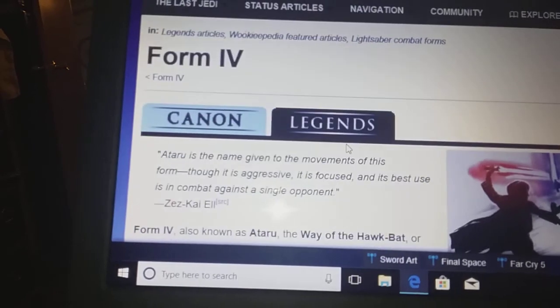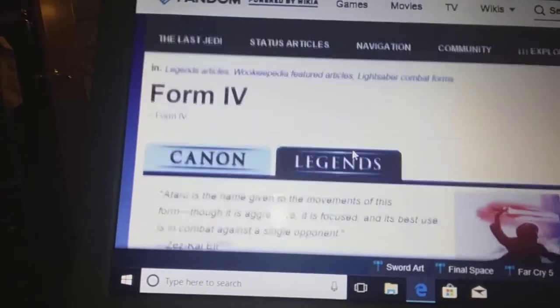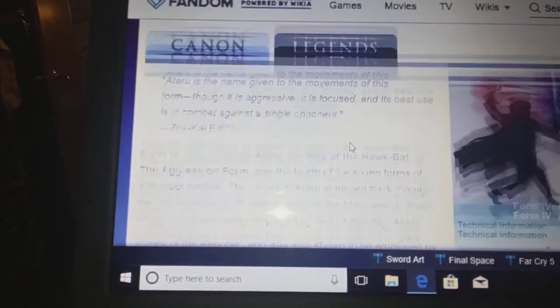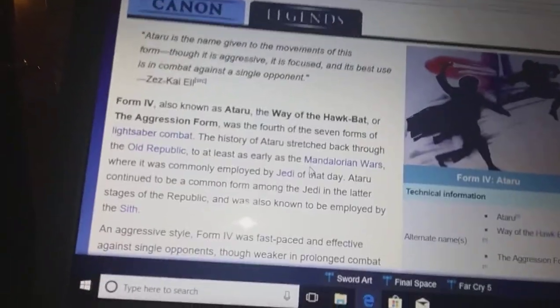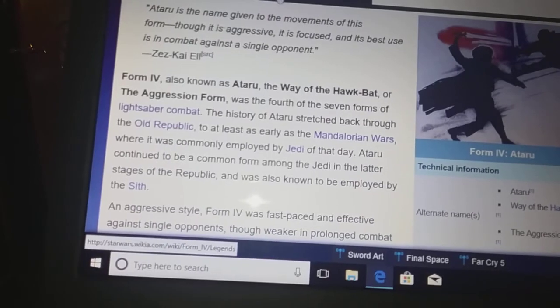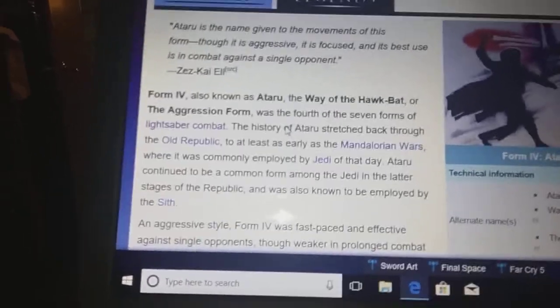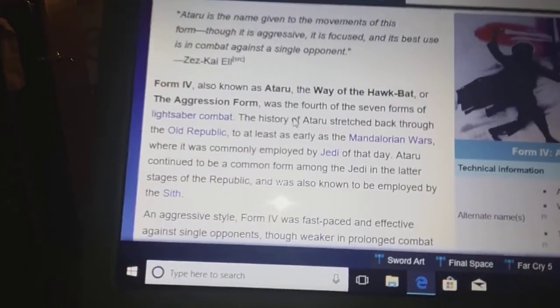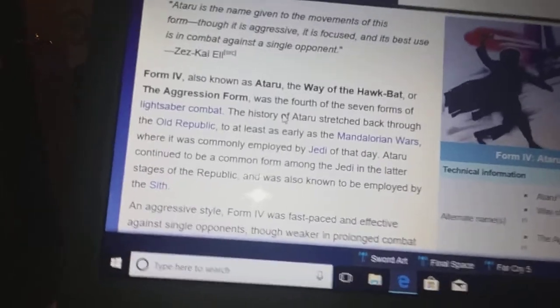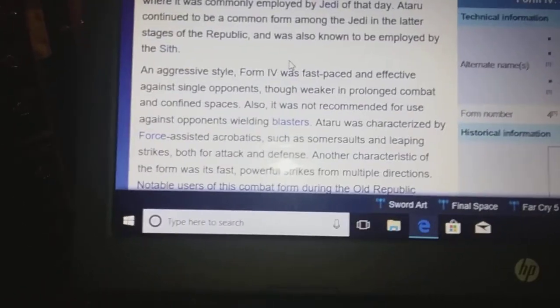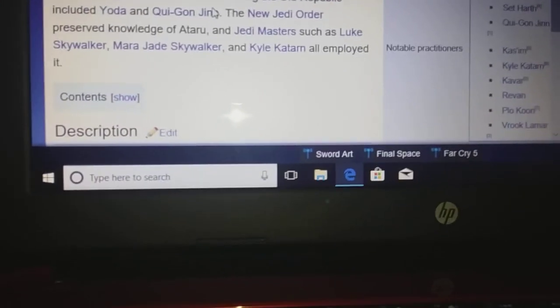Ataru. Also known as the Way of the Hawk Bat. Or as I call it, bum bum bum bum bum. Jump, jump, jump, jump all around. So put simply, this is just the form of jump around like a crazy person.